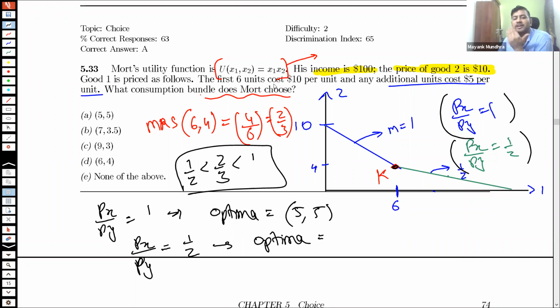So price of x is half that of price of y. So x will be consumed twice. So you will spend, okay, so you are going to be on this territory.